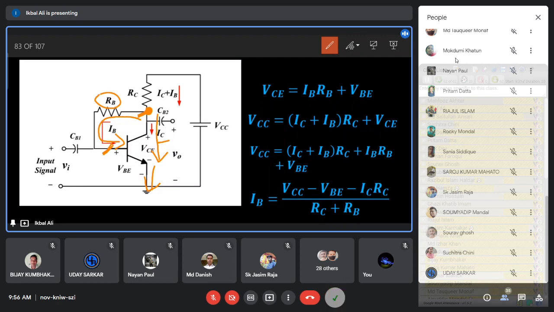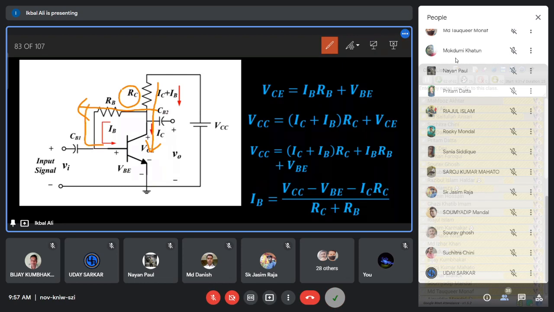But what happens to the resistance RC? What current is flowing through the resistance RC? It is the total current. That means RC is supplying the collector current as well as the base current. So a part of the total current is supplied as the base current.